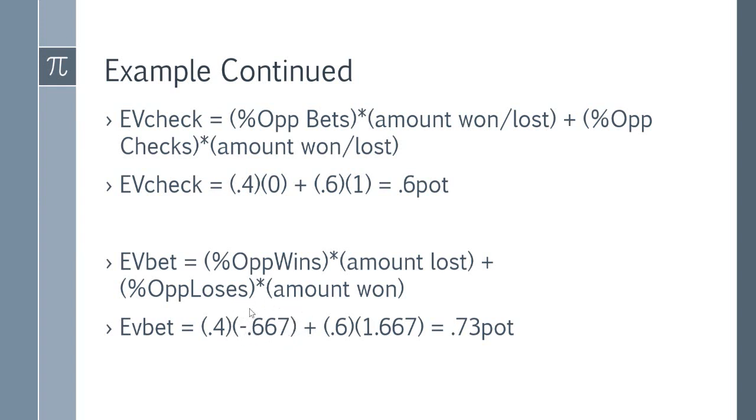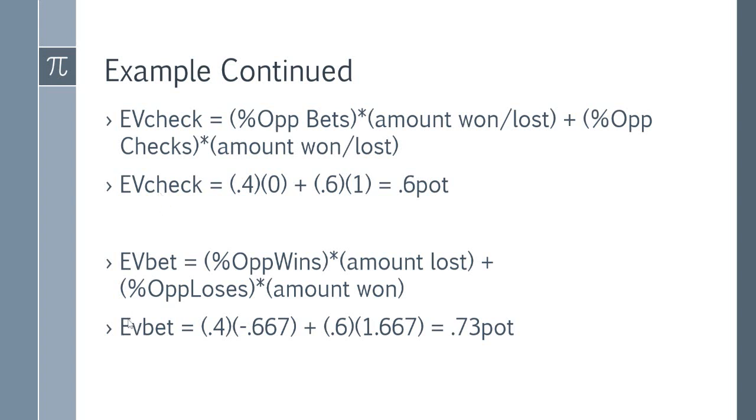So our all-in stack, we're going to lose that. So we have to make sure to put that negative here. And then 60% of the time, we're going to win the pot plus the opponent's 2/3 pot size stack. So we get a little bit extra here because we're making some money from the opponent when he calls. And you can see here that we're winning 0.73 pot units.